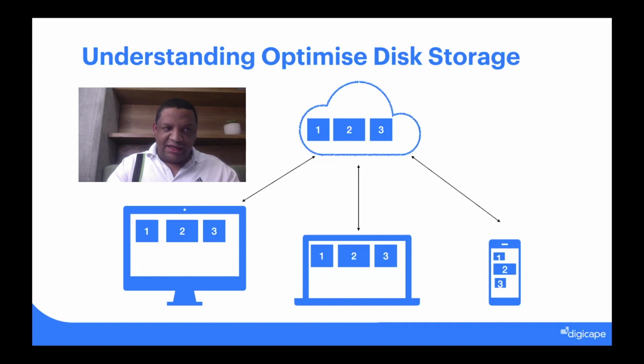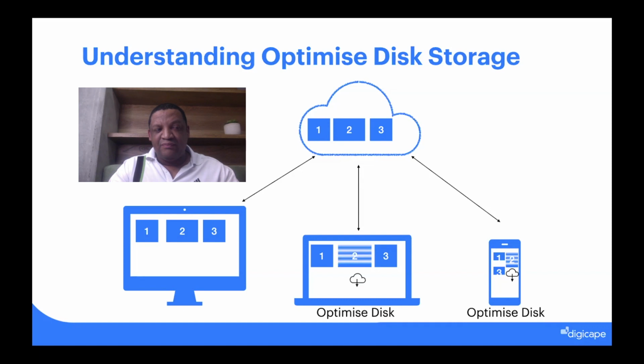In that case, you can switch to optimized storage on your iPhone and your iPad. Now, when you do that, that file will be shrunk down, and the way it's shrunk down is that it keeps the optimized thumbnail on the laptop and on the iPhone, and only keeps the actual file and content on the cloud server.